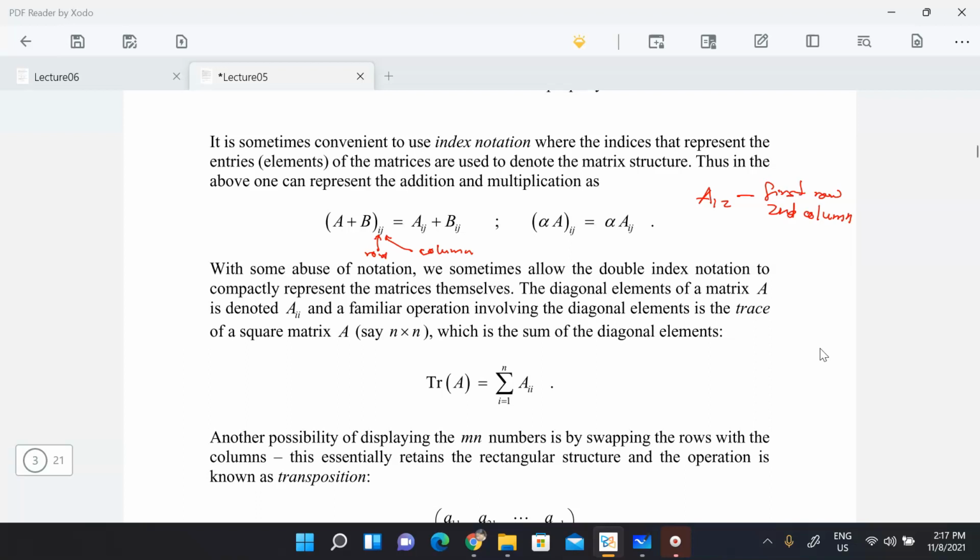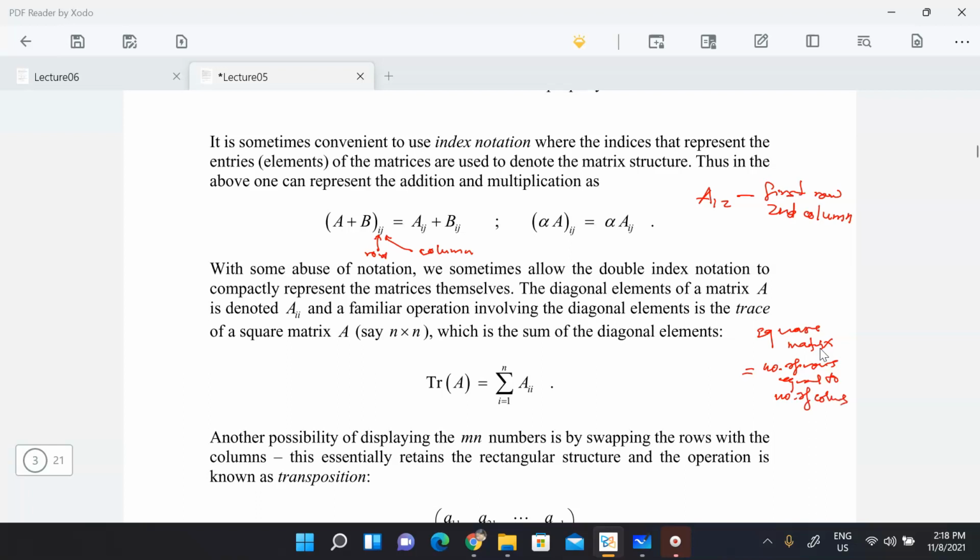What is a square matrix? A square matrix is where the number of rows is equal to the number of columns. Otherwise it's called a rectangular matrix.